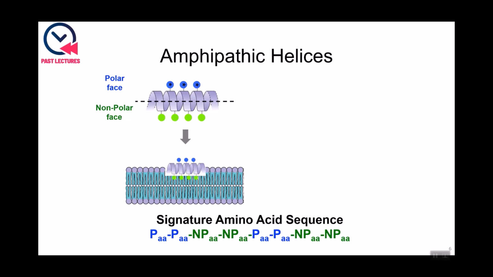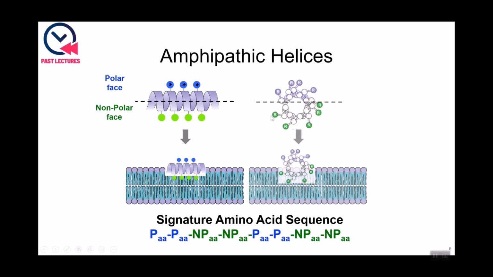We've looked at some amphipathic helices before, and these generally have one side of the helix that's polar and the other side that's hydrophobic. So if you're looking down the long axis of the helices, you can see the polar ones on one side and the non-polar ones on the other side. You can also look down from one end to see where the side chains are pointing around that alpha helix.